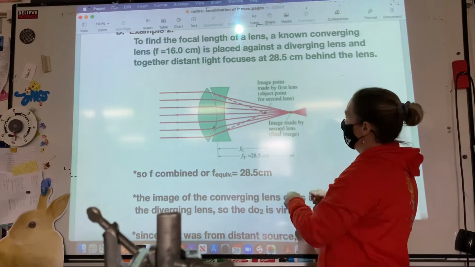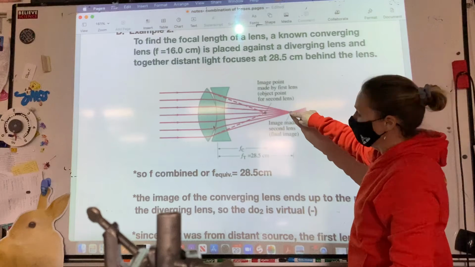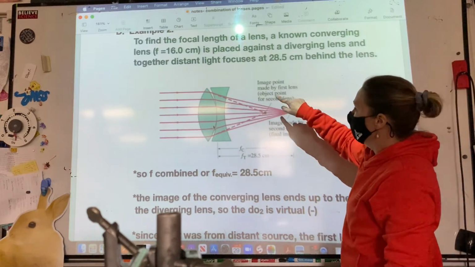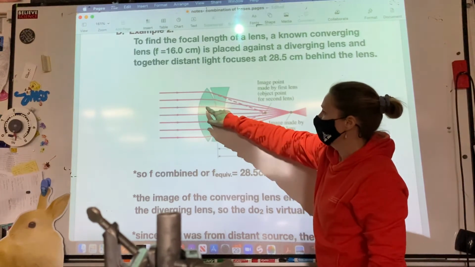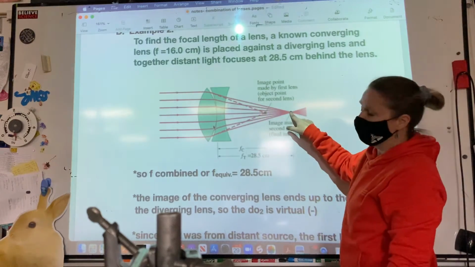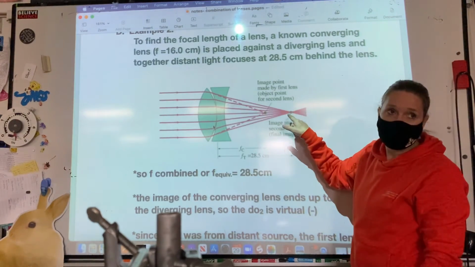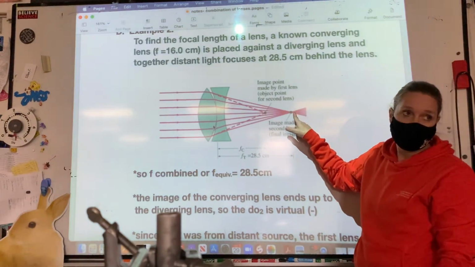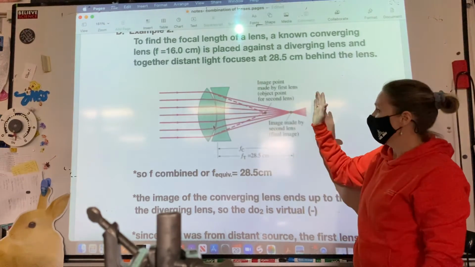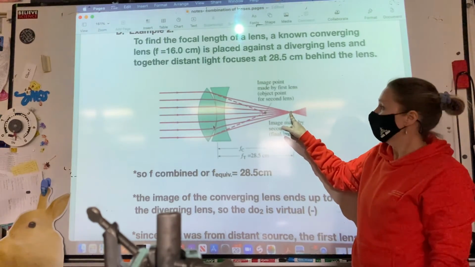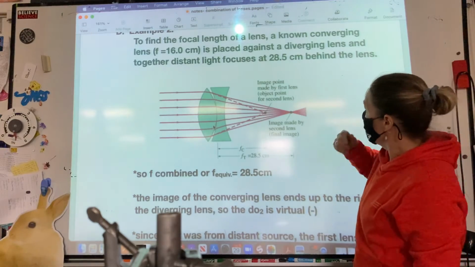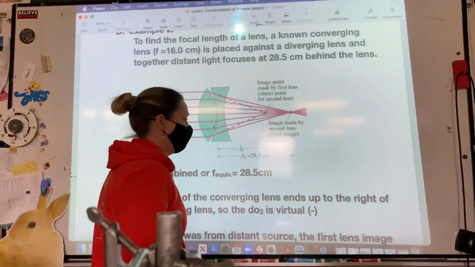So this is the final image, where this lens took these rays and made this. And so we can get a real image out of the diverging lens that you can measure. Crazy stuff.